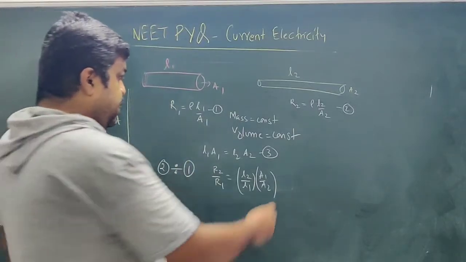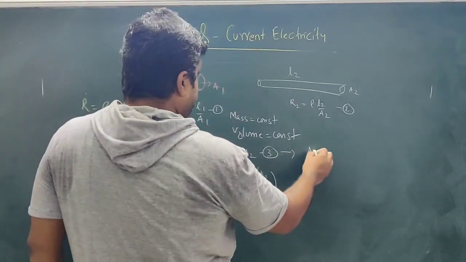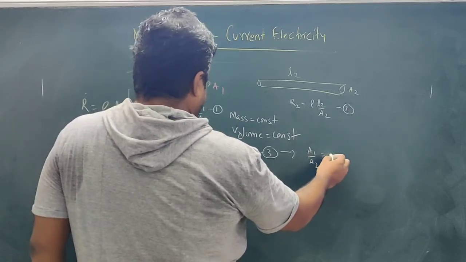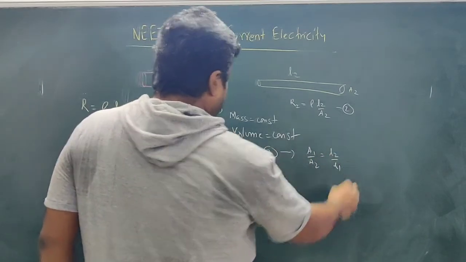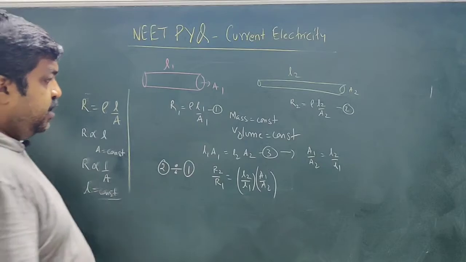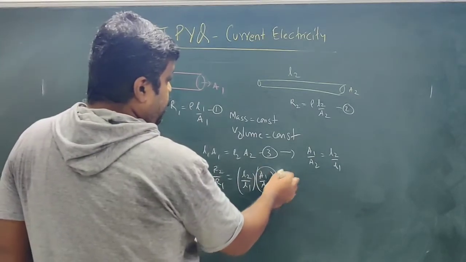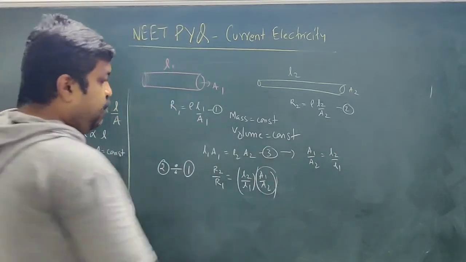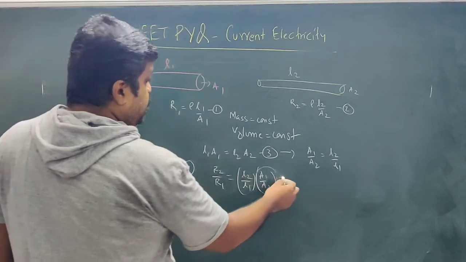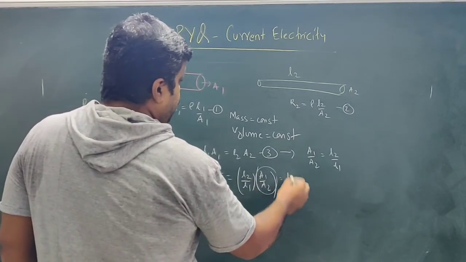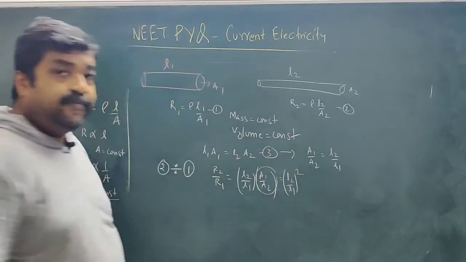Now from the volume relation, A1 by A2 is equal to L2 by L1. So this A1 by A2 can be replaced by L2 by L1, so this is L2 by L1 square.